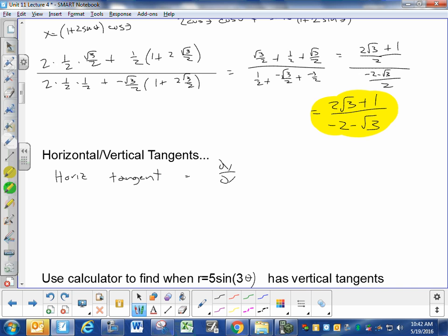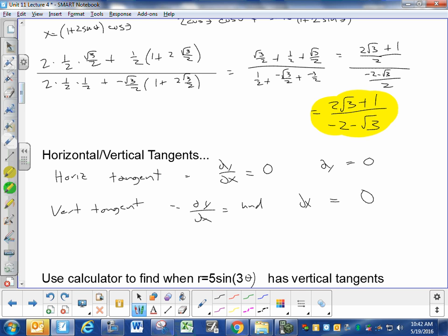It's when your slope is 0, right? Or, in particular, when your numerator is equal to 0. Well, if I have a vertical tangent, that's when dy dx is what? Undefined. Or when your denominator is equal to 0.